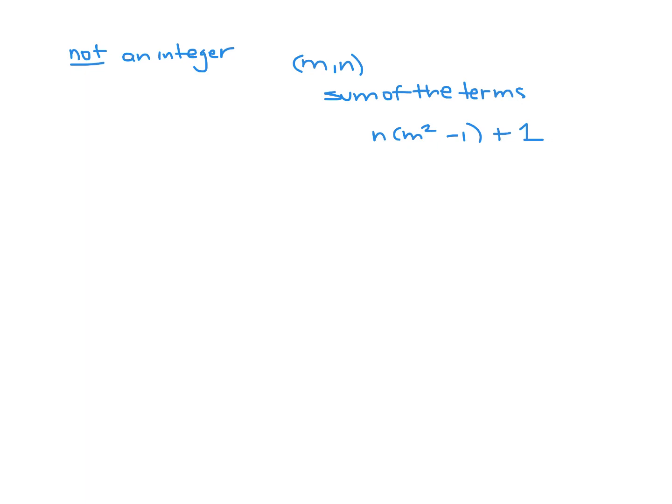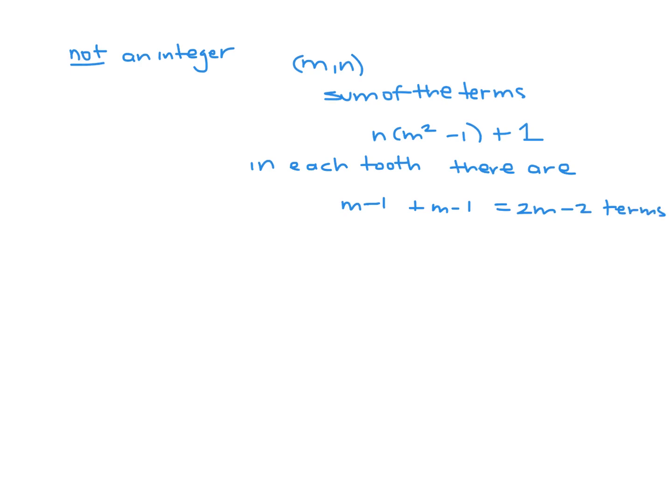And in each tooth of the sequence, there are a certain number of terms. There are m minus 1 plus m minus 1, which is 2m minus 2 terms.